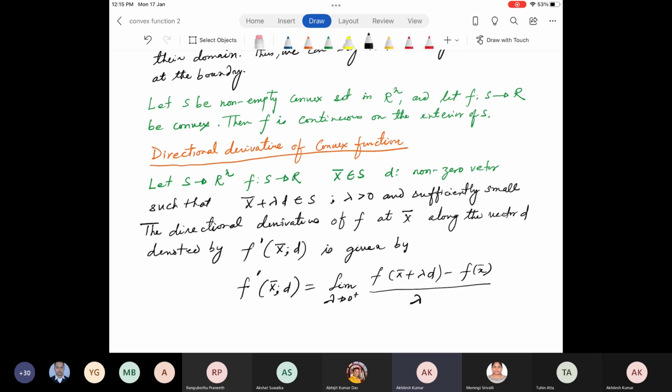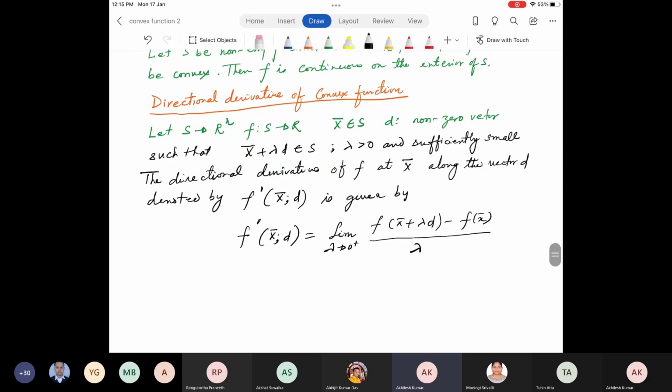The directional derivative of f at x bar along the vector d is denoted by this limit. If you remember, f dash x bar is f of x bar plus h minus f of x bar divided by h. So instead of x bar plus h, we are taking a direction x bar plus lambda d.